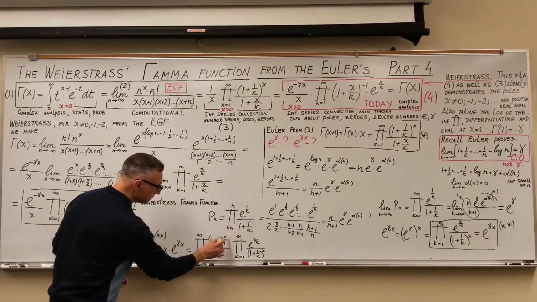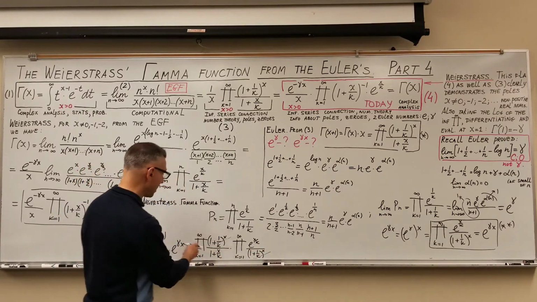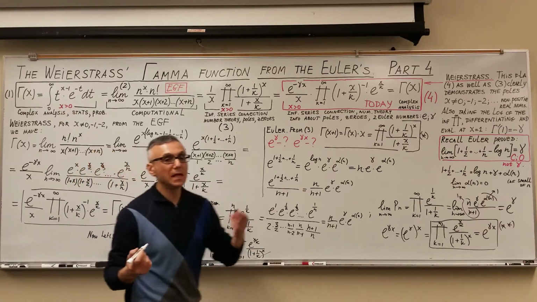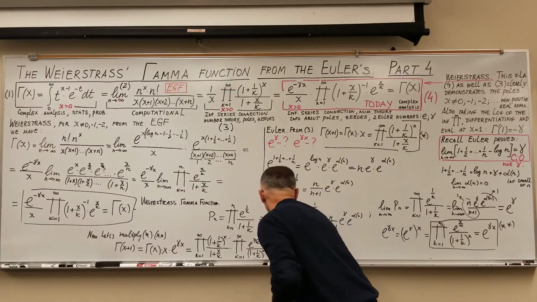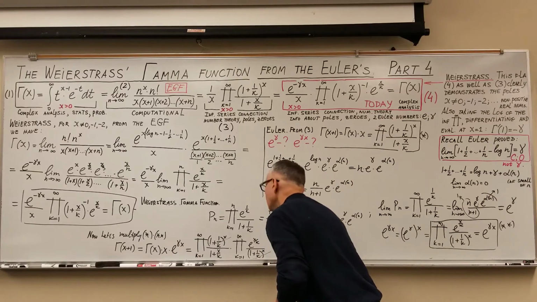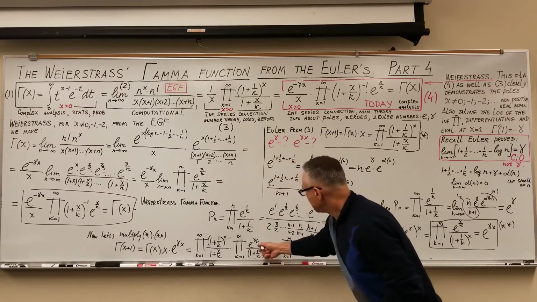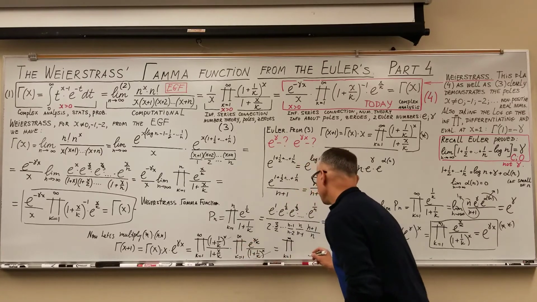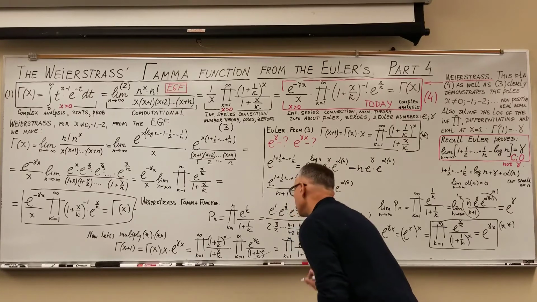As you can see, there's a nice reduction of the fraction there. And finally, I have the same infinite products, the same indices. I can combine them under one infinite product, k from 1 to infinity, of e to the x over k, over 1 plus x over k.